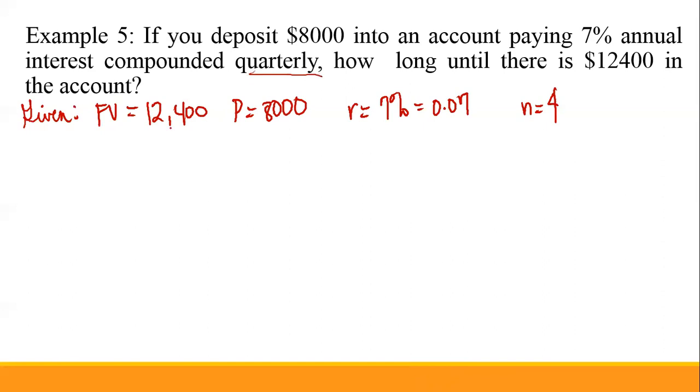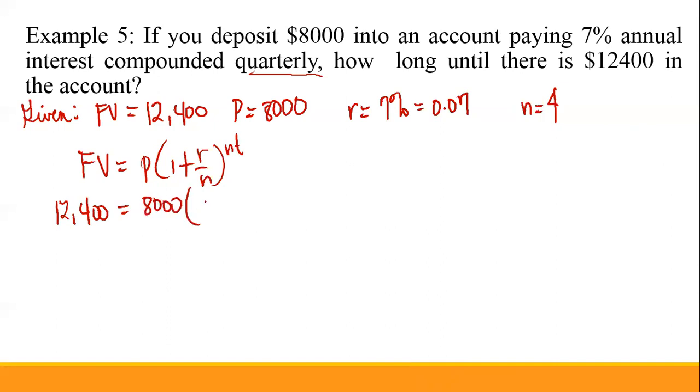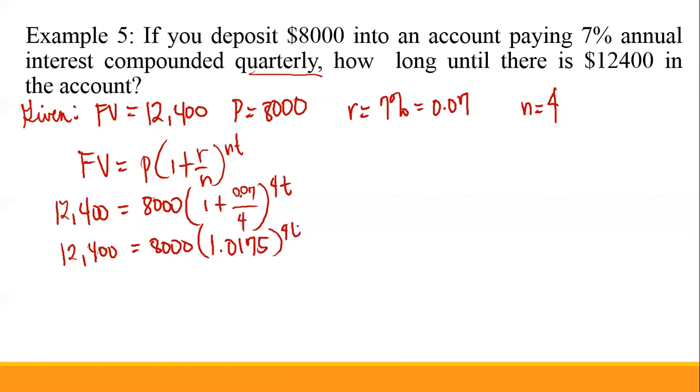Okay, so plug in this information into our formula. So this is 12,400 equals 8,000 times 1 plus 0.07 over 4, raised to 4t. And then calculate natin. So this is 12,400 equals 8,000 times the value inside the parentheses, which is equal to 1.0175 raised to 4t.